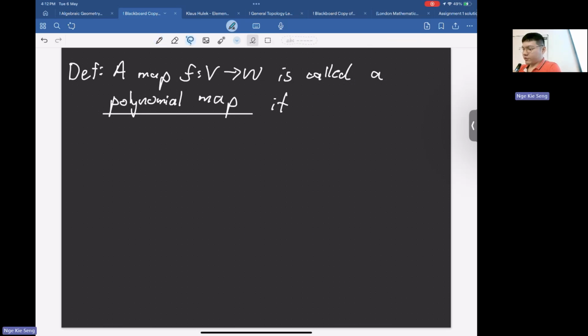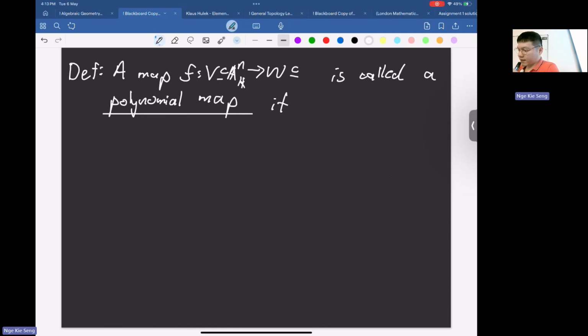I think we still need more setup here. We need to know what dimension they live in, which affine space they live in. For example, let V live in an n-dimensional affine space and W live in an m-dimensional affine space. So what's the map now?